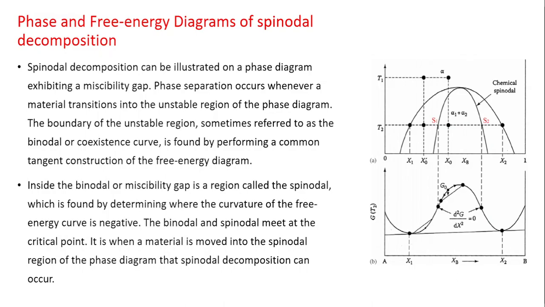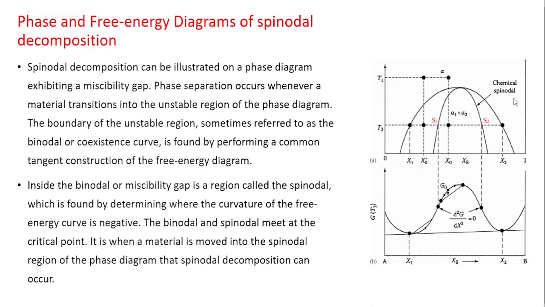Phase and free energy diagrams of spinodal decomposition. Spinodal decomposition can be illustrated on a phase diagram exhibiting a miscibility gap. Phase separation occurs whenever a material transitions into the unstable region of the phase diagram. The boundary of the unstable region, sometimes referred to as the binodal or coexistence curve, is found by performing a common tangent construction of the free energy diagram.